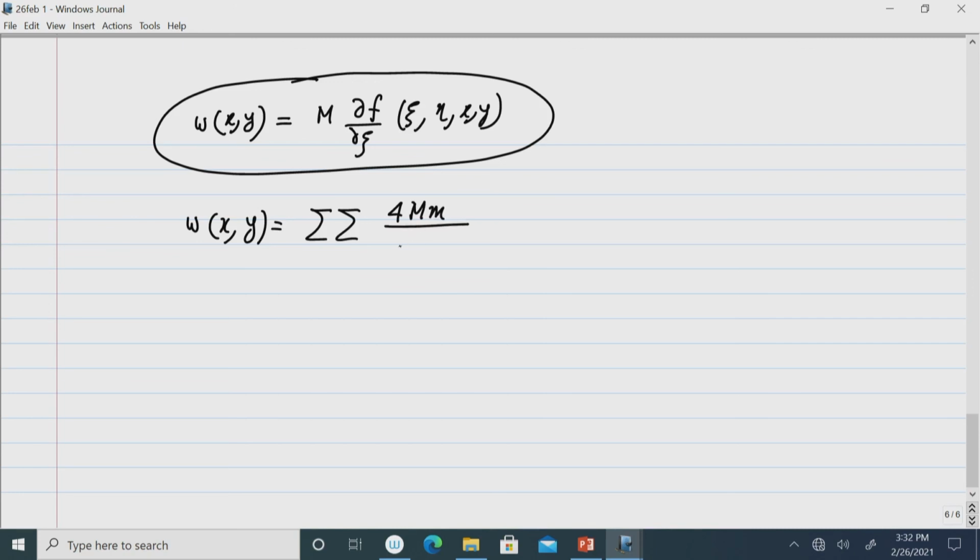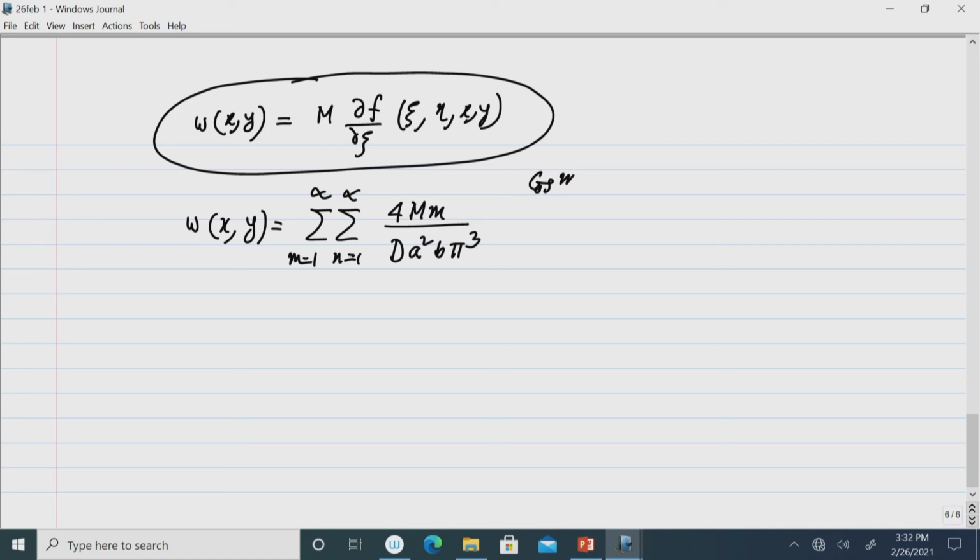substituting the earlier expression we will get, and because of differentiation of sin(m pi xi by a), you will find that the cos function will be appearing.